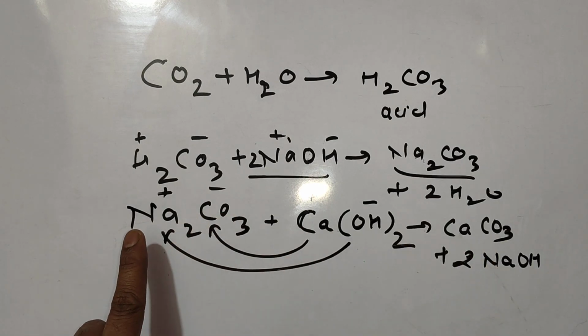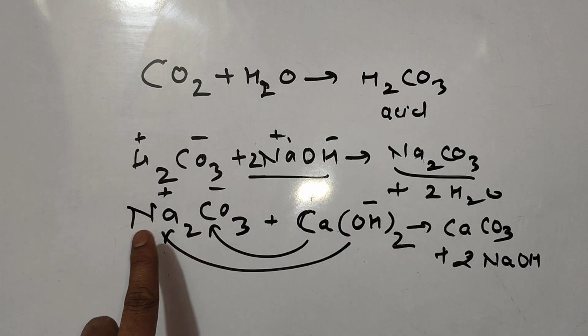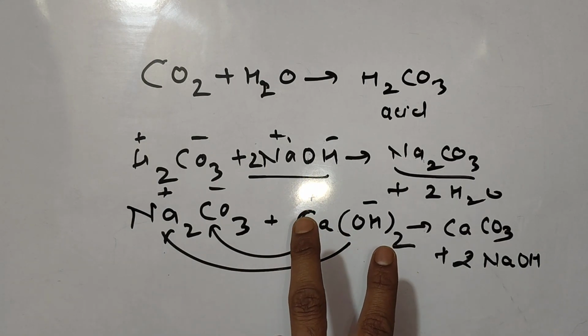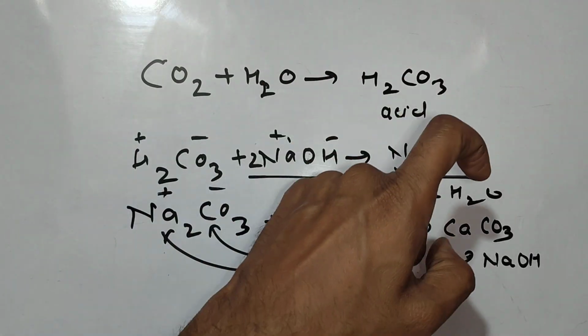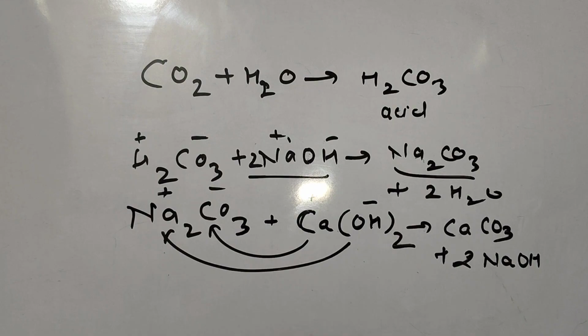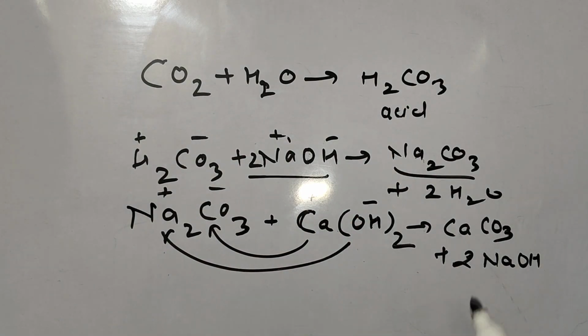Only there is a loss of calcium hydroxide. These calcium hydroxides are overall getting lost. Water molecules which were used are again regenerated. So this is happening on the surface of soda lime. Carbon dioxide is absorbed on the surface due to voids in it, and after that these reactions are happening. These three reactions are happening.